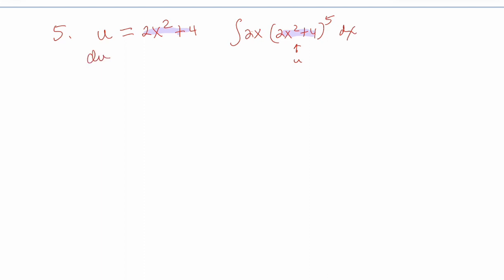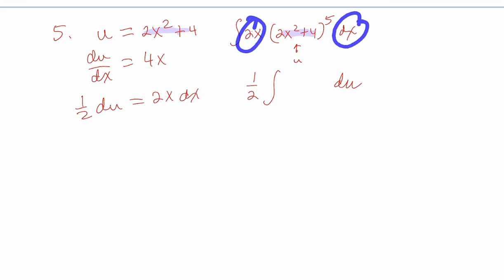So we're going to take the derivative of this, which is 4x. Now it's not 2x, but if I multiply both sides by half, 1/2 du is equal to 2x dx. So I can substitute in 2x dx and replace it perfectly with a 1/2 du. So I'm going to have a 1/2 and a du. That's going to be the sub for that.